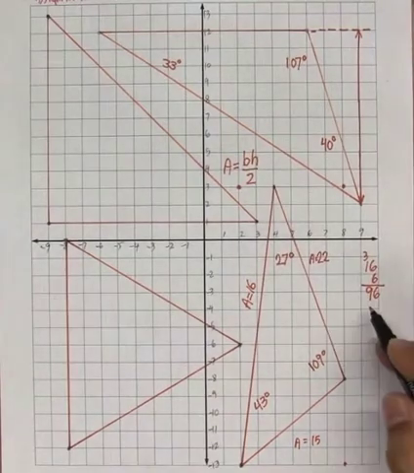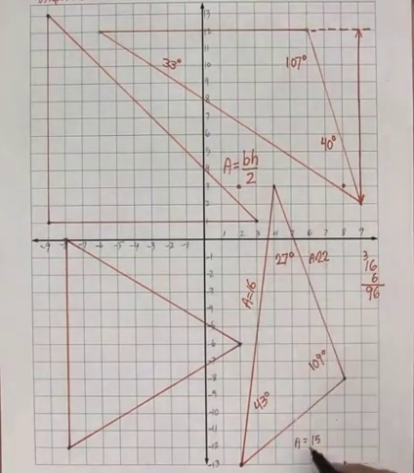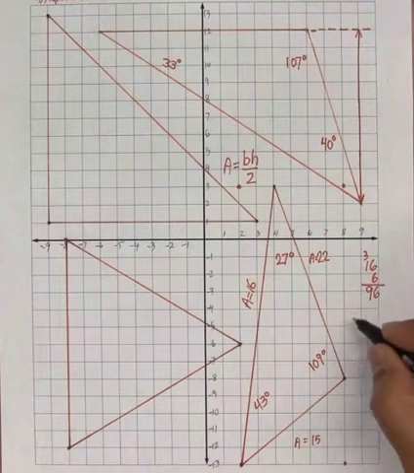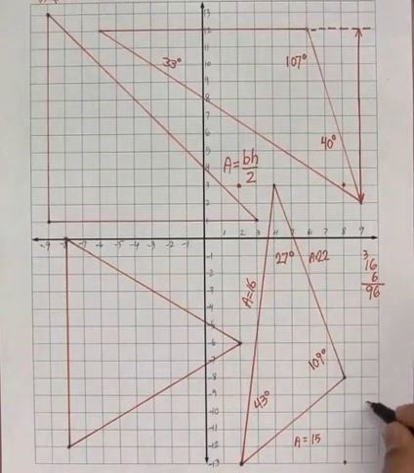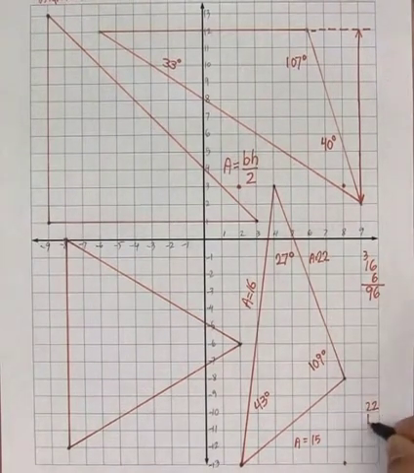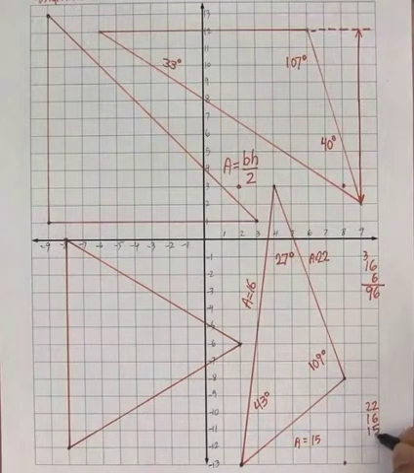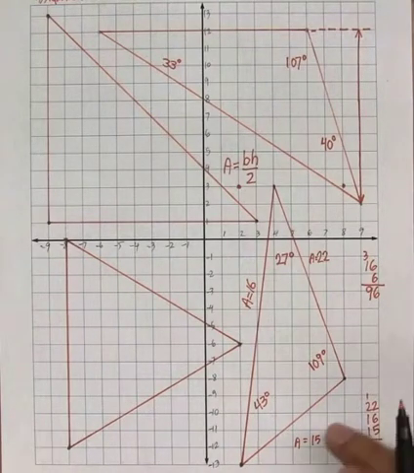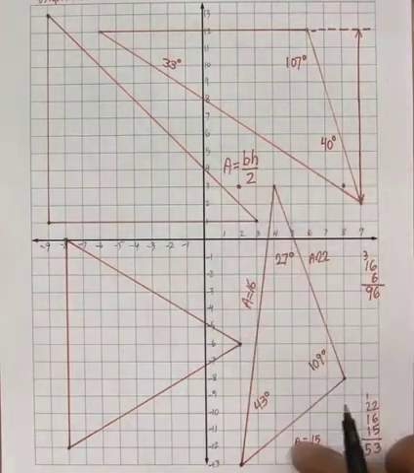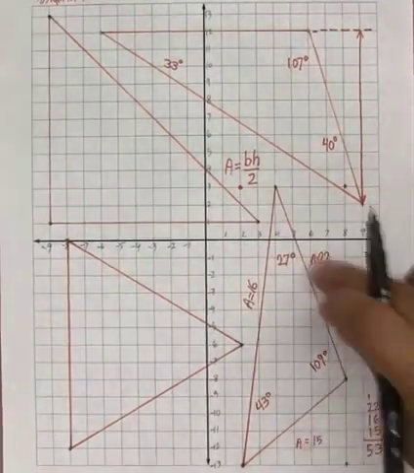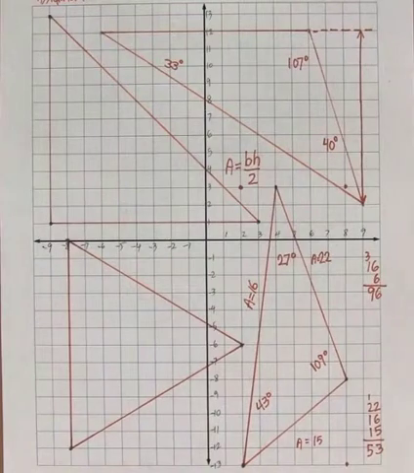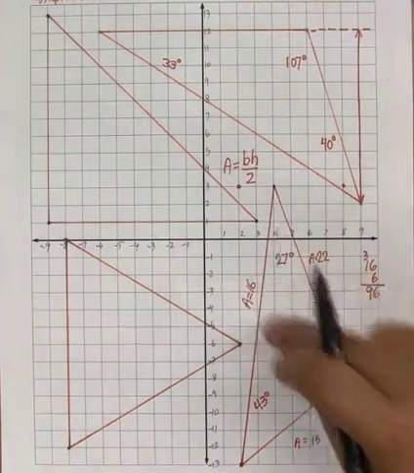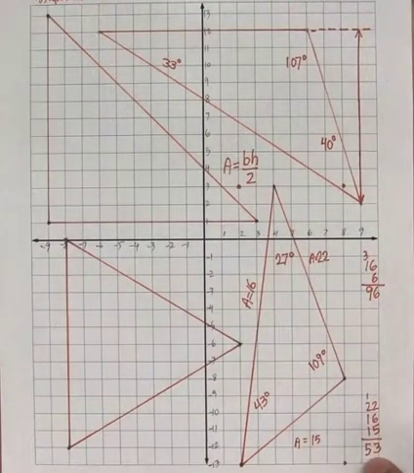So I have 96 minus these three, that's 22 plus 16 plus 15, that's 53. We're going to take away 53.